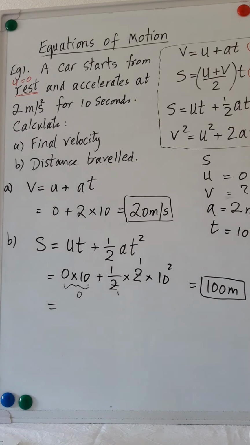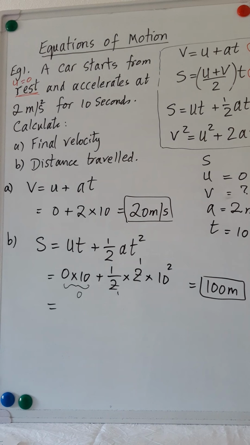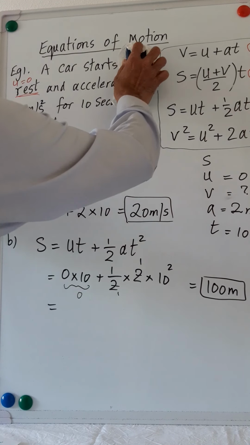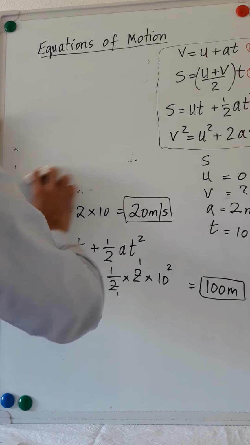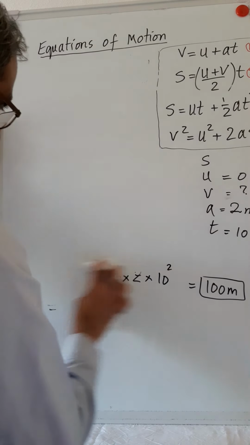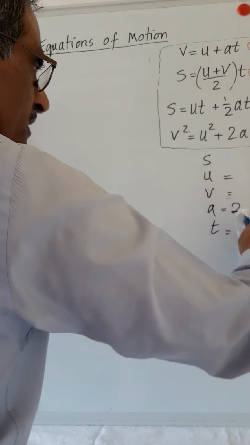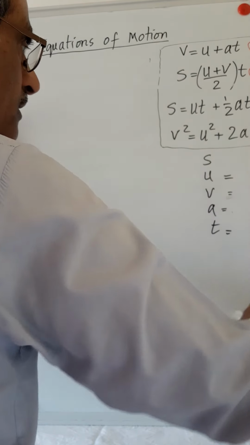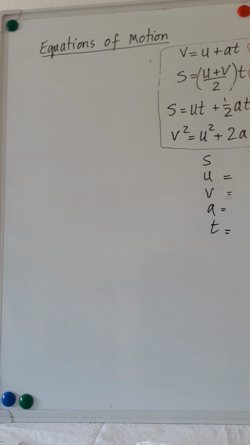Right, we'll do one more example which involves gravity, and that's why we talked about gravity. Let's rub this out. I'm going to leave the SUVAT there, because we're going to use that in the next one.